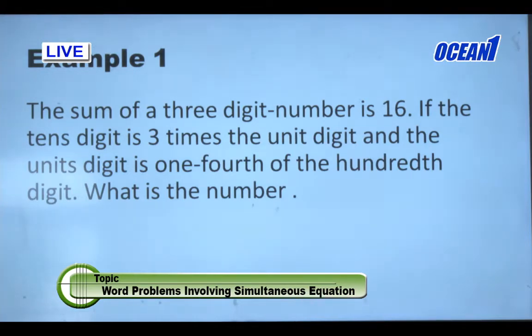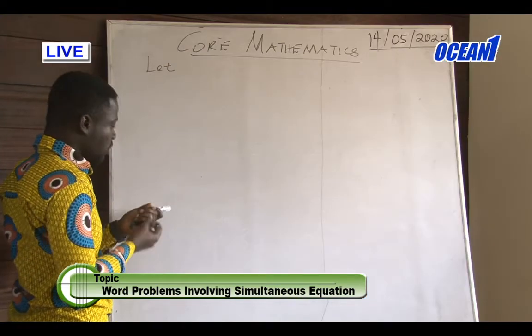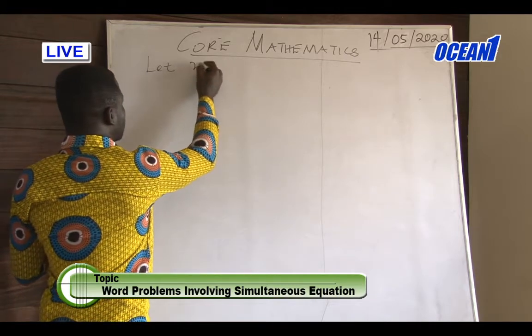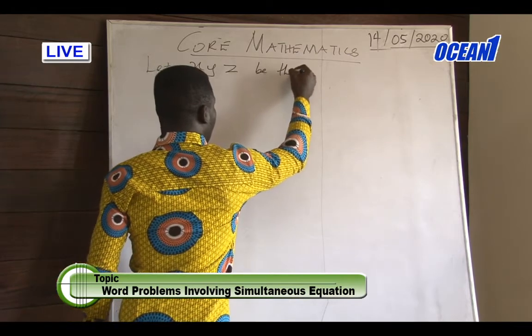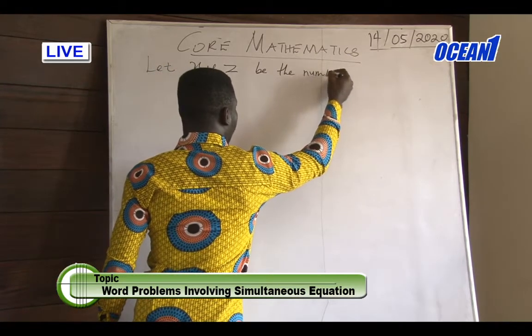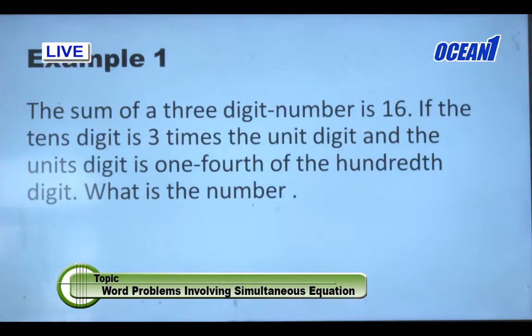Now the question is saying that the sum of the digits of a 3-digit number is 16. So let's assume let xyz be the number. Now each of the digits has its own position. So z ones, y tens, x hundreds.